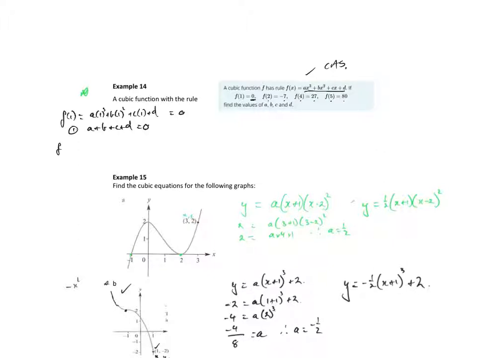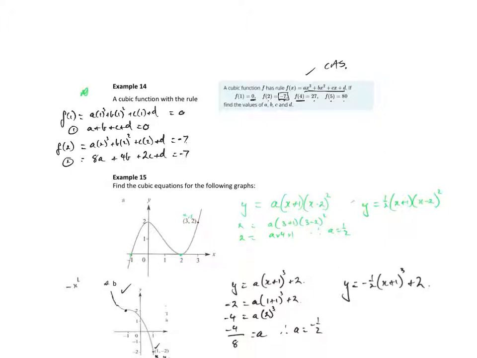Equation 2, f of 2 is equal to a times 2 cubed plus b times 2 squared plus c times 2 plus d, and that's equal to -7. So I get 2 cubed is 8a plus 4b plus 2c plus d equals -7. Equation 2.